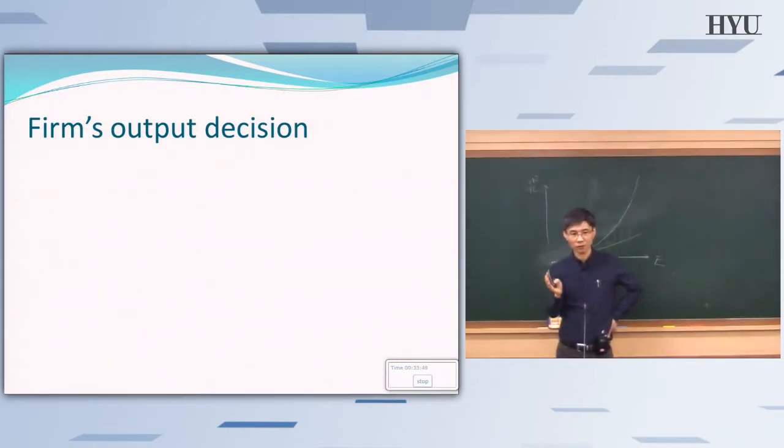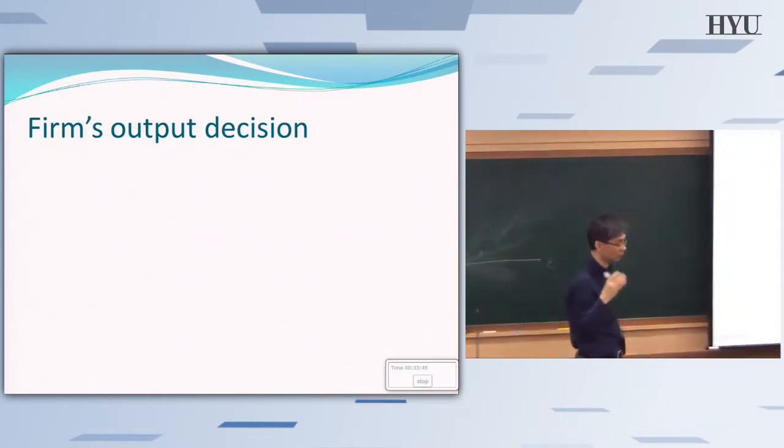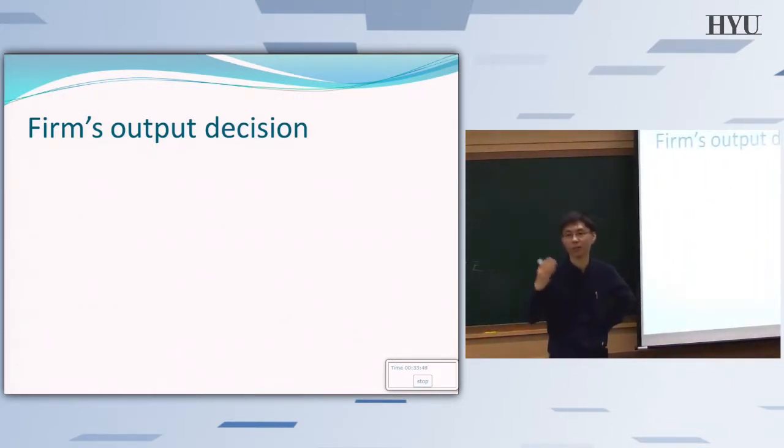First, let's think of the firm's output decision: how many units of output they want to produce. Then labor demand will be determined by the amount of labor input needed to produce that optimal level of output. That is the labor demand. Basically it's the same labor demand, just the approach is different.